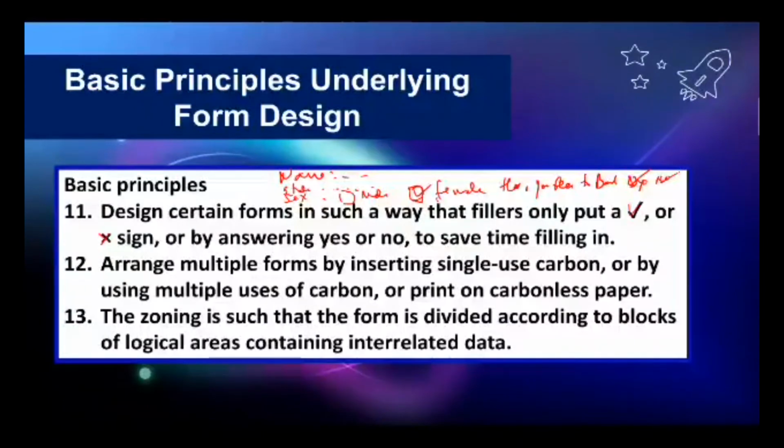And then arrange multiple forms by inserting single-use carbon or by using multiple-use carbon or printing on carbonless paper. So sometimes if you need 3 copies of some form, you don't have to type it 3 times, or write it 3 times, but you can use carbon to make multiple copies.